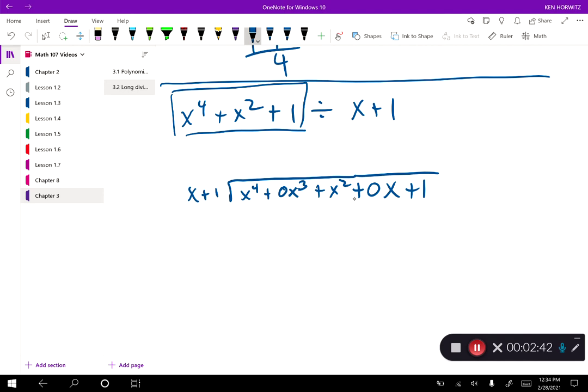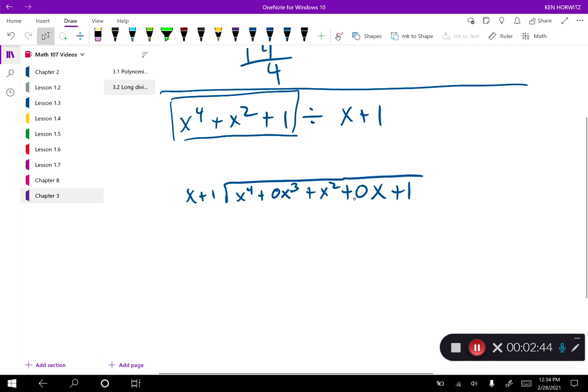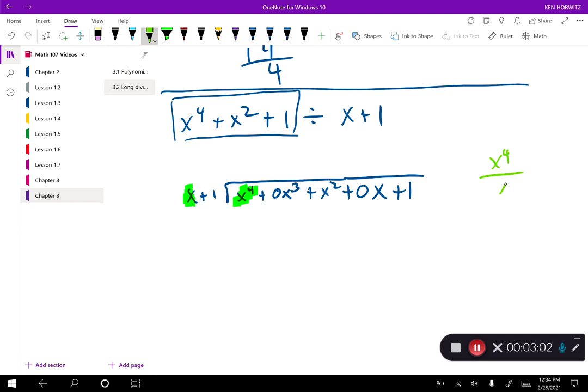Now we're going to do a little bit of scratch work, and then add it to our problem. The first thing I want to look at is this x, and ask how many times does it go into x to the 4th? If you're unsure, you can do x to the 4th divided by x and wind up with x cubed.